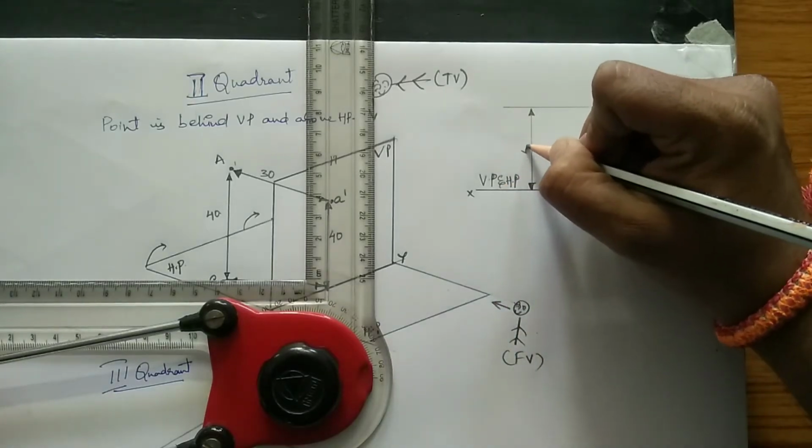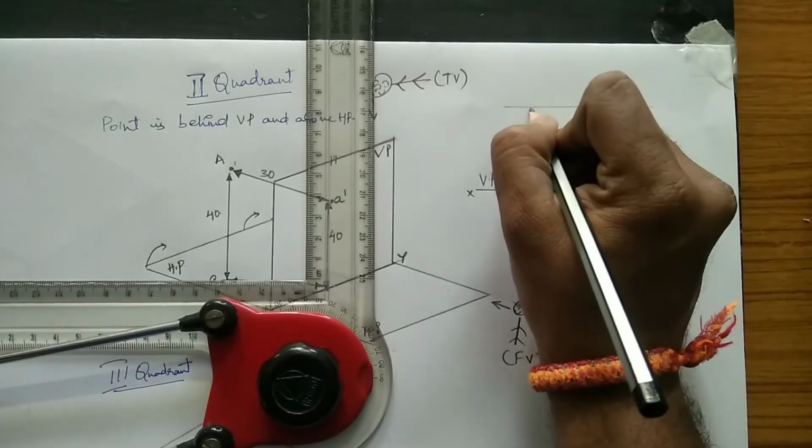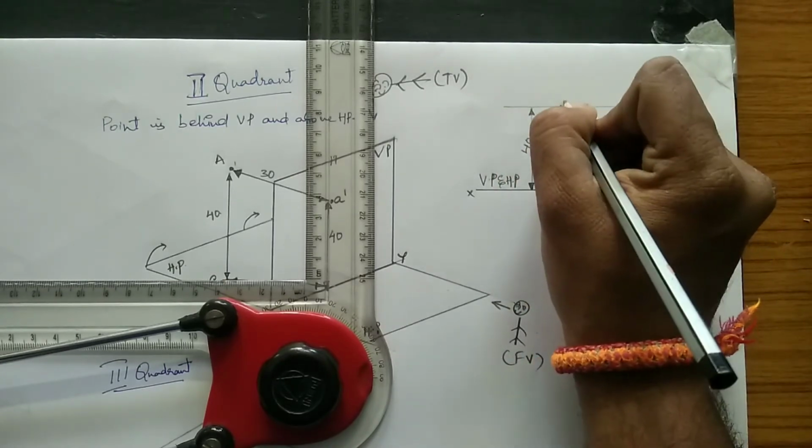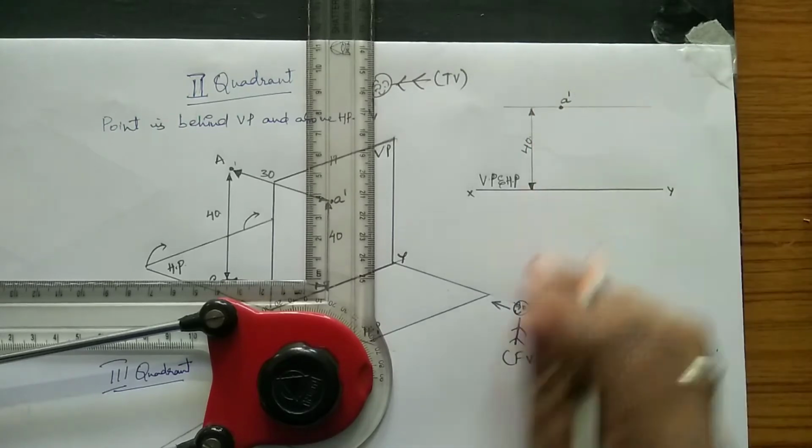This is 40 mm. Just at an approximate distance of 10 mm, mark the first point A dash.